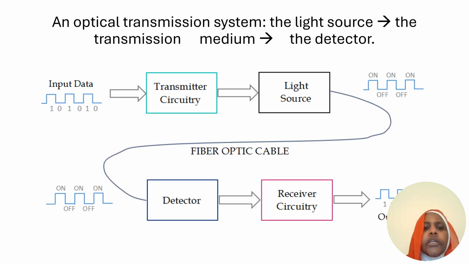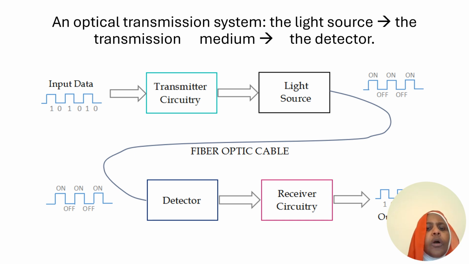As we can see here, this is an example of an optical transmission system where the input data in digital format comes into the transmitter circuitry that passes the data to the light source. The light source will transform the data into light pulses, on for 1, off for 0.